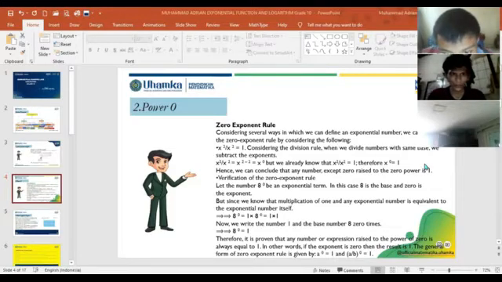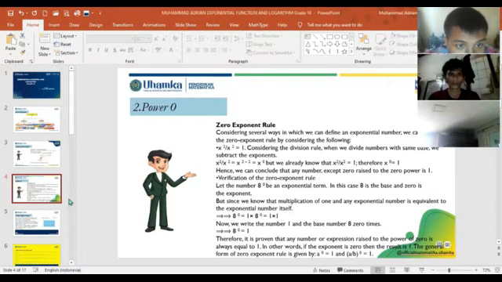In other words, if the exponent is 0, then the result is 1. The general form of the zero exponent rule is given by a power 0 equals 1 and (a divided by b) power 0 equals 1.